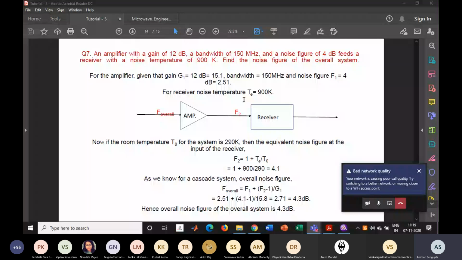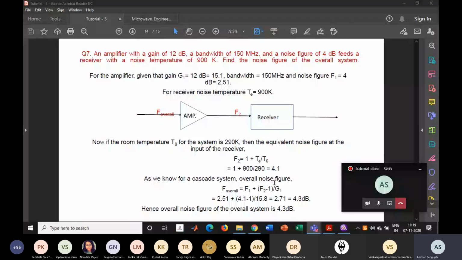I think there is an error in the given value here; you can verify it, I think it is 15.1. This will come out as 2.71, and in dB scale 4.3 dB. So the process is very similar, but you can verify the values once. This is the straightforward equation you can use for the overall noise figure, which is given in the book. From this equation you can find the overall noise figure of the system. So that is the first question.